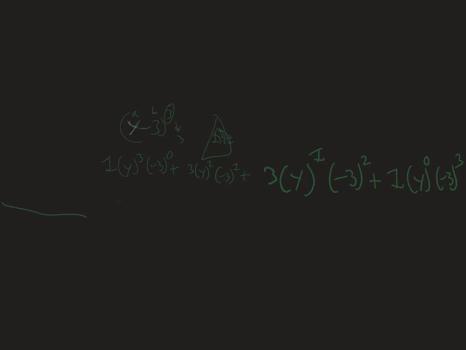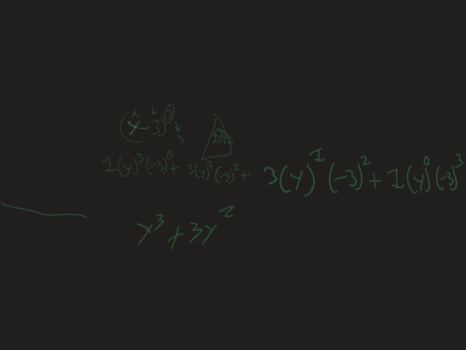So now we have y to the power of 3 times 1, times negative 3 to the power of 0. Negative 3 to the power of 0 is 1, and 1 times 1 is 1, so that's just y to the power of 3. And then 3 times y to the power of 2, which is y squared, so that's just going to be plus 3y squared.